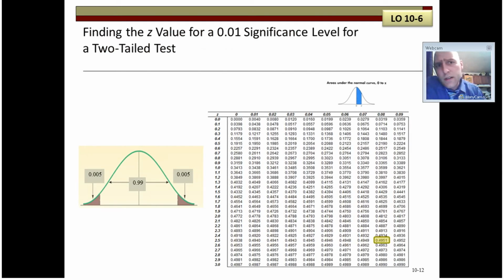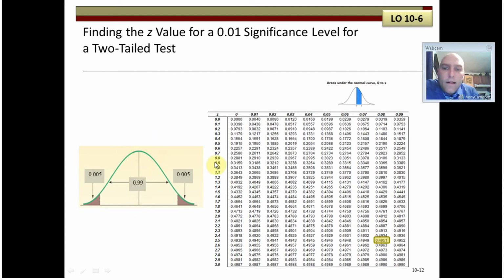In order to use our Z table to get a critical value, again, with the two-tailed test, you take all of alpha, which is 0.01, and cut it in half so that we've got an equal amount on both sides. Second, we know that because our Z distribution is symmetrical, half of all of the area lies to each side of the mean, median, mode, this central point. Let's say the mean.